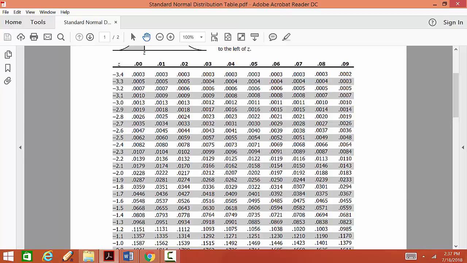And 0.01, it looks like it is 0.0102 and 0.0099. And it looks like 0.0099 is actually closer, just by a little bit, to 0.01. So we're going to use this z-score, which is negative 2.33.